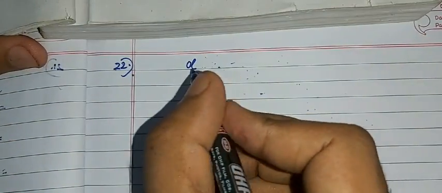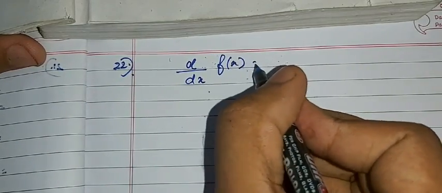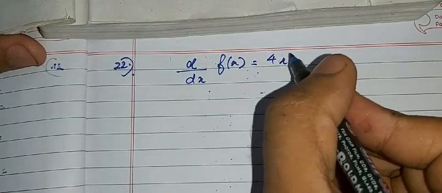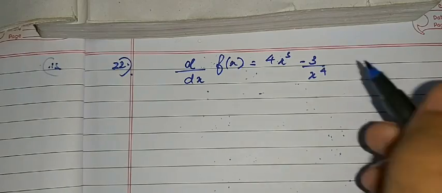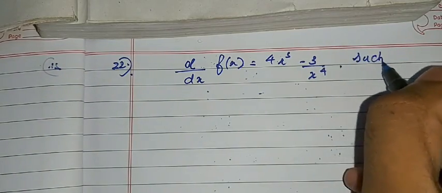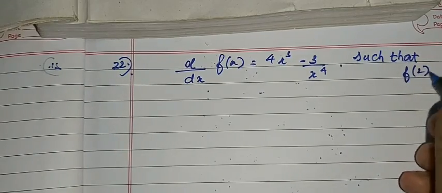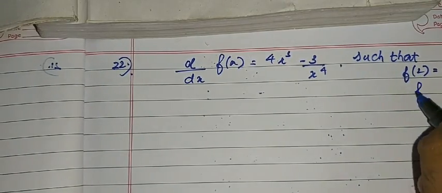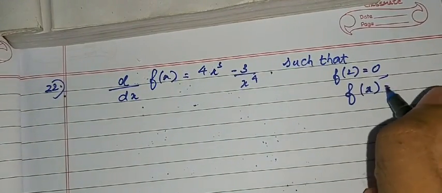It is given that d by dx of f of x is 4x cube minus 3 by x raised to 4, such that f of 2 is equal to 0, and we want to find f of x.